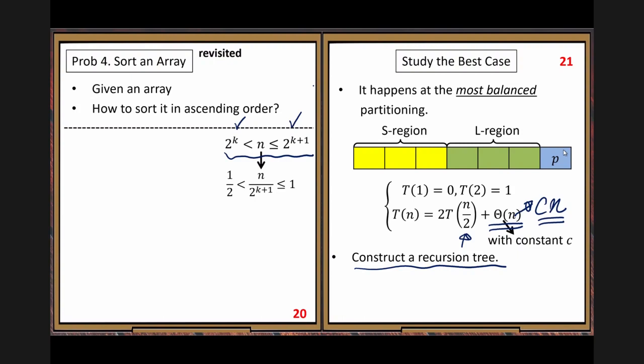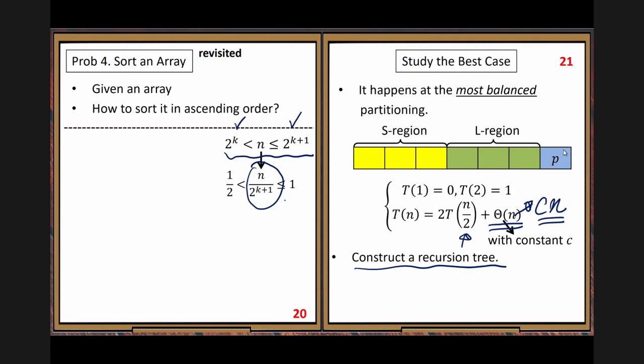So we can find the bottom level, because every time we split a tree node, we get a tree node with data size n over 2 to the k plus 1.